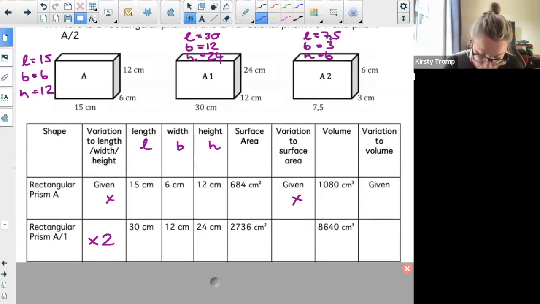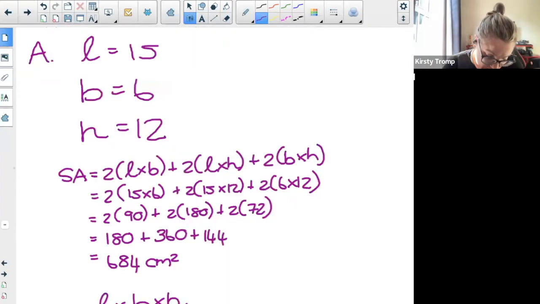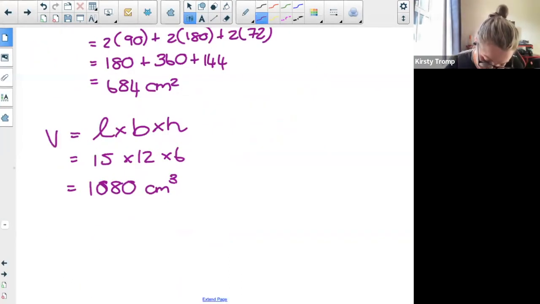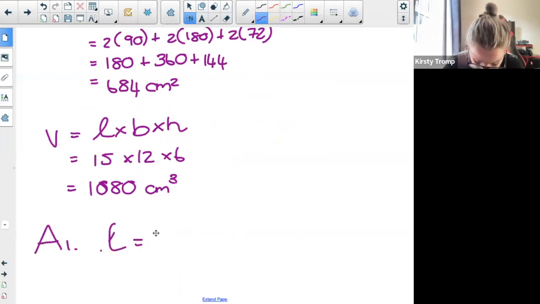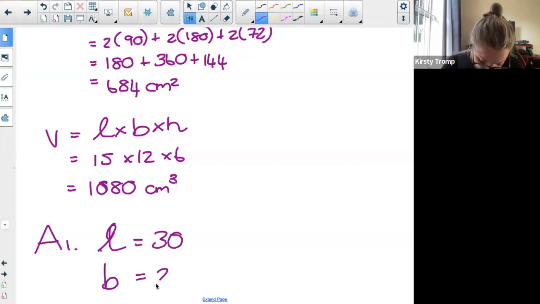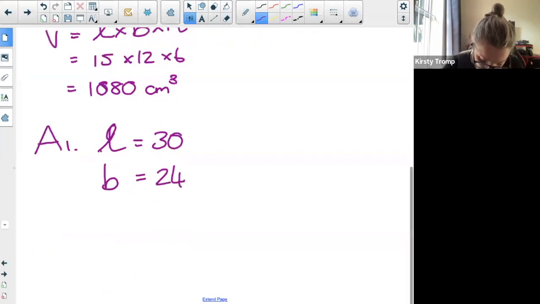Now, I want you guys to go do some practice. So for A1, the length was equal to 30. The breadth or the width was equal to 24.